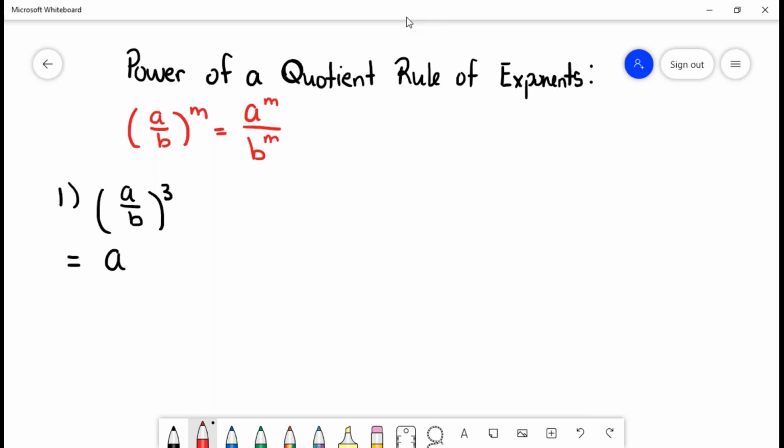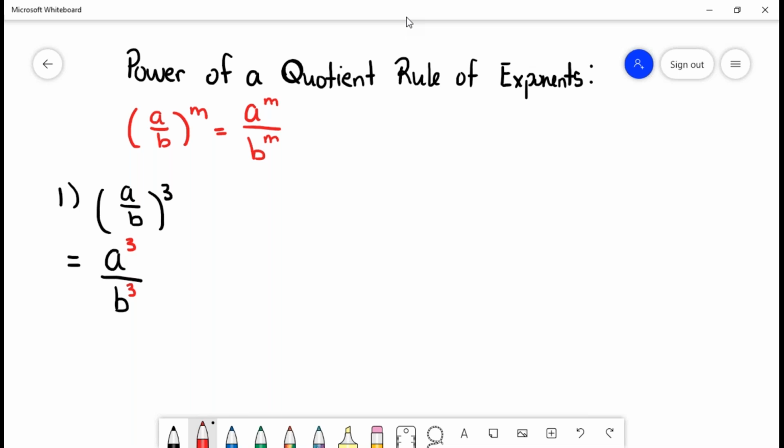So raise it to the power of 3, and that is divided by b, which is raised to the power of 3 as well. We're just going to apply this power to every single value, both on the numerator and denominator, as per the power of a quotient rule of exponents.